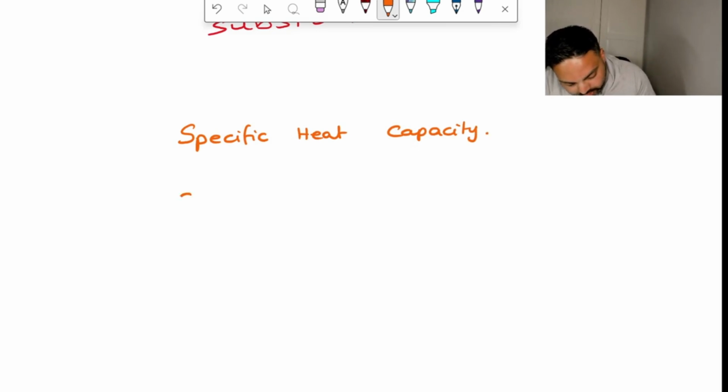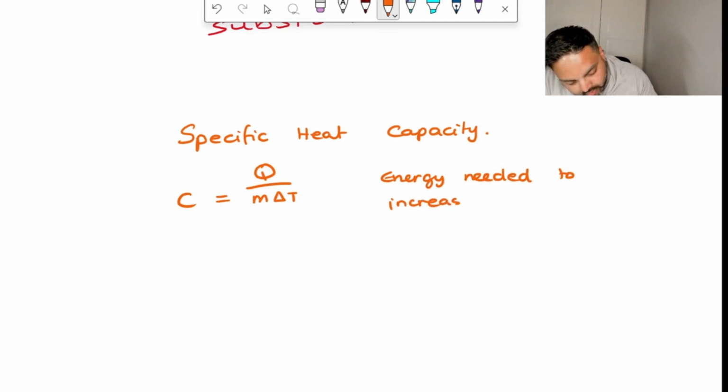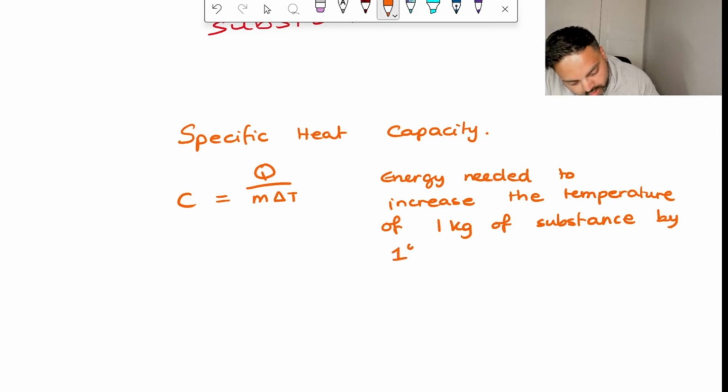Now if you look at the definition of specific heat capacity from the equation, it's Q divided by M delta T. It is the amount of energy needed to increase the temperature of 1 kilogram of substance by 1 degree Celsius. Notice temperature, 1 degree Celsius, mass, 1 kilogram of substance.